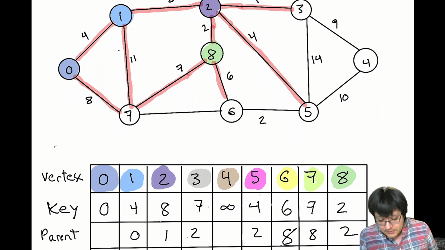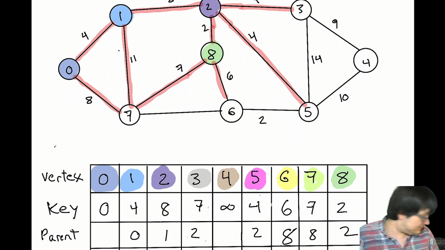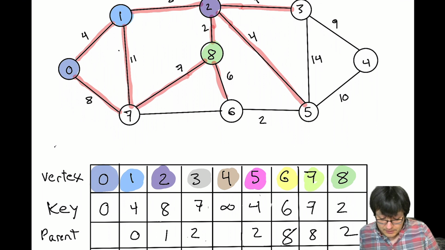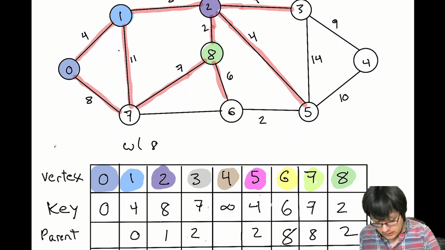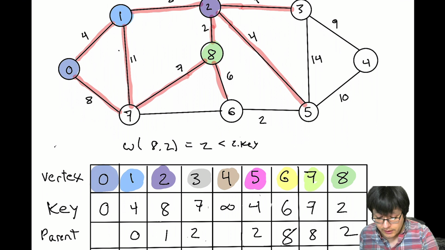Okay. So, yeah. Basically, if you go from 8 to 2, you can see that 2 has a value of 8, right? So if you were to say 8 to 2, which is equal to 2, and you were trying to compare 2 is less than 8 dot 2 dot key, which is equal to 8.